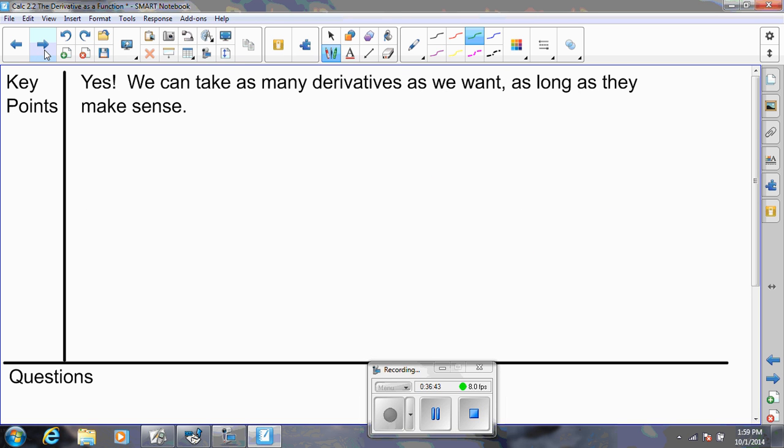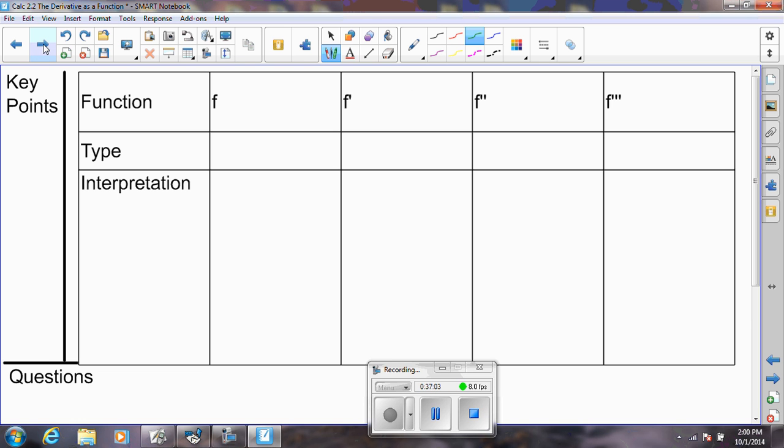Not a problem. As long as it makes sense, we can keep taking derivatives for as long as we want. We could take 1,000,000 derivatives. We could take infinitely many derivatives as long as they make sense. If we run into a spot where it no longer makes sense, we have to stop. But it might keep going depending on what the function is.